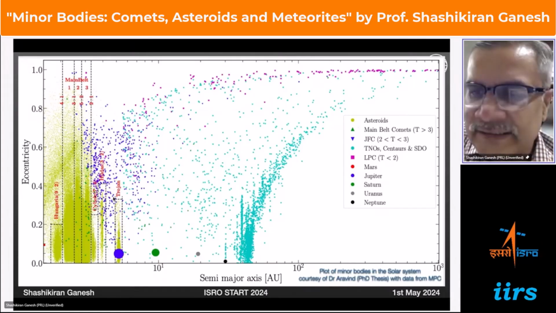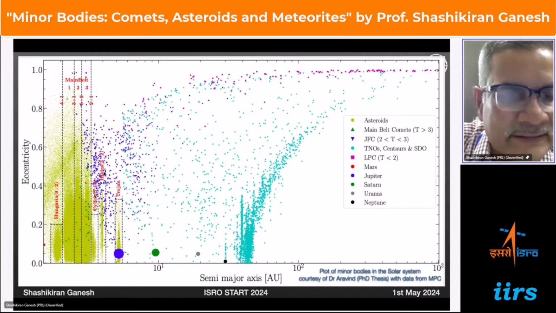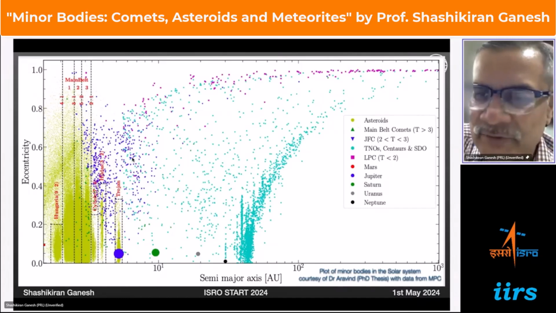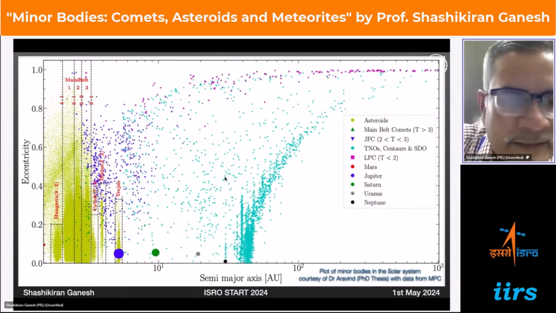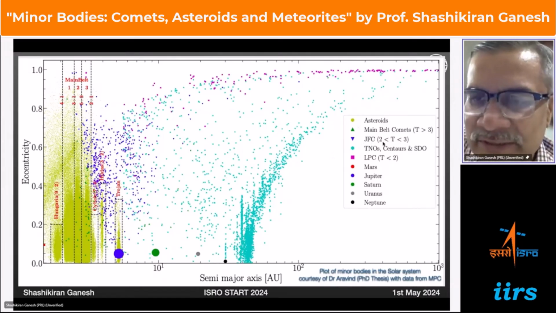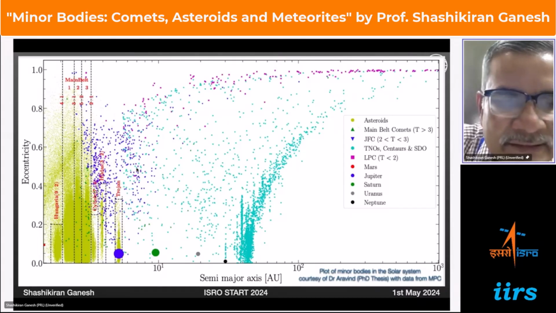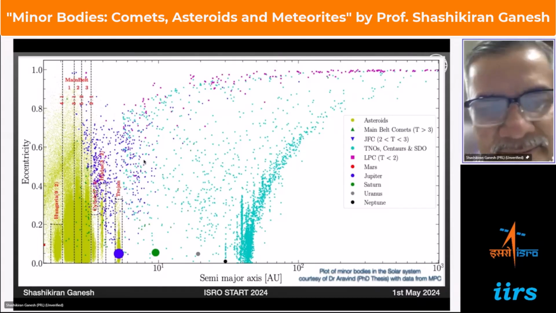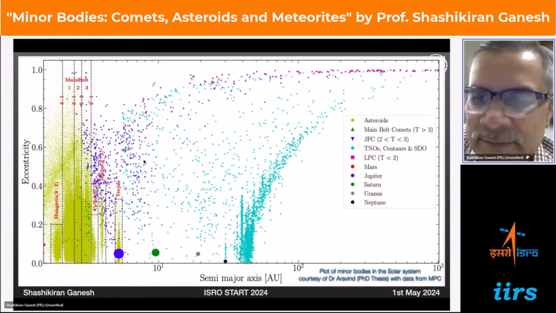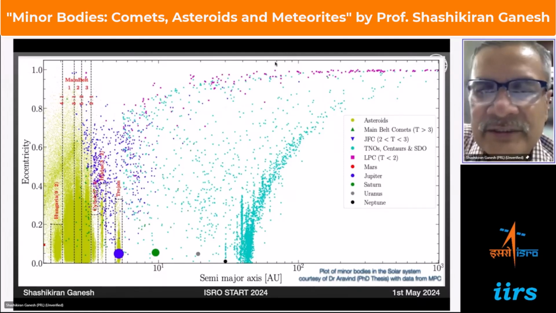Subsequently, what we have seen is that there are all these other objects called trans-Neptunian objects, centaurs, scattered disk objects. And before that, of course, you have the Jupiter family comets, which have their periods up to 20 years. And beyond that, you have the long period comets, okay, which are distributed all across.